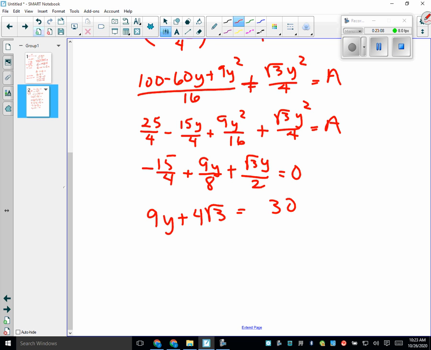Is that right? 8 times this is the 30. 8 times this is 9y. 8 times this is 4 radical 3y. Why is it 4 radical 3? Because 2 goes into 8 4 times.